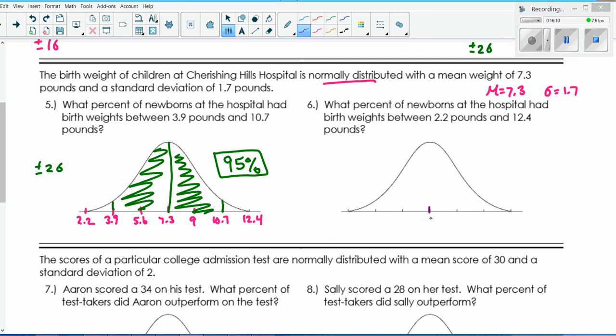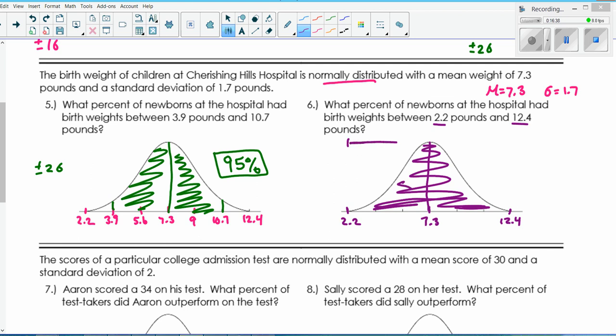So in this one, again, we know that the mean is 7.3. We want to know the percent of newborns who have a weight between 2.2 and 12.4. So I'm going to use my numbers from over here. I know that that's 2.2. And then I know that 12.4 is all the way over here. Okay, which means that we're going through the whole thing, almost.